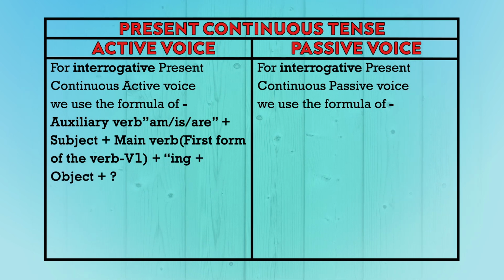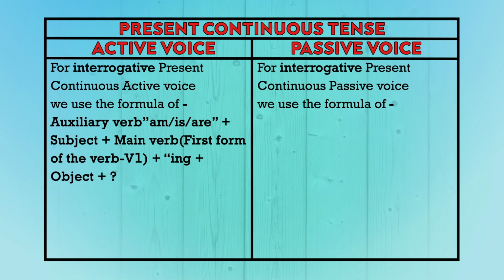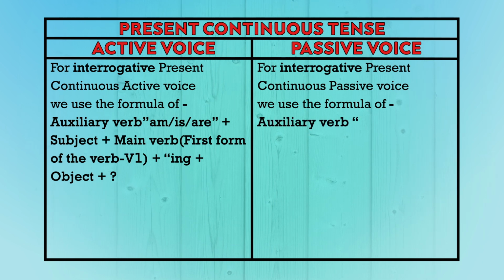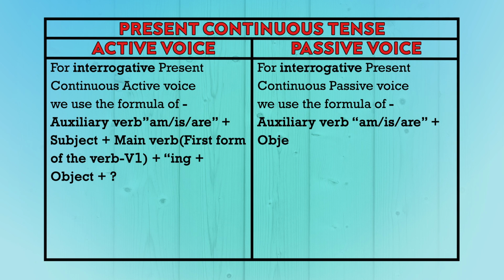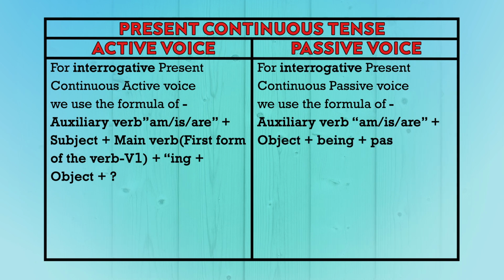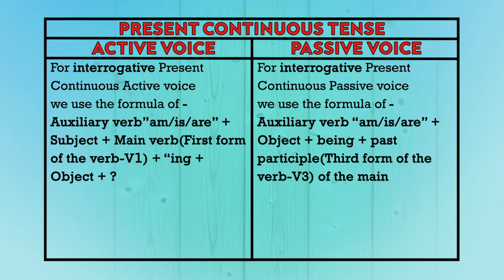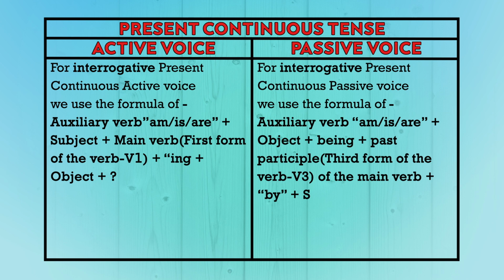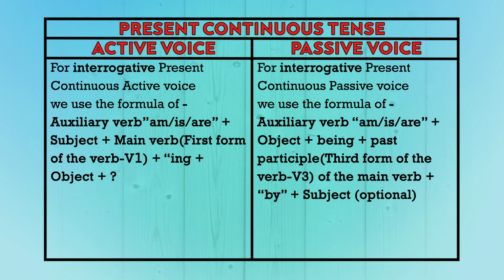Okay. Now when we change it again, auxiliary verb plus object plus being plus past participle, that is third form of the verb, plus by plus subject.